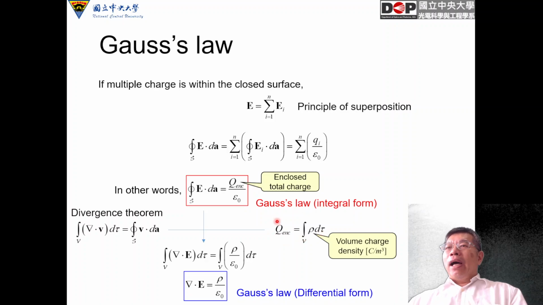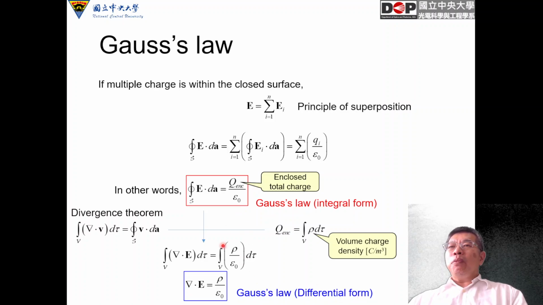This volume is how much charge is enclosed in this closed surface. These sum together to something like this. Both are volume integrals, so the only possible thing is that they are the same. So the divergence of the electric field equals the charge density divided by epsilon naught. This is Gauss law in differential form.